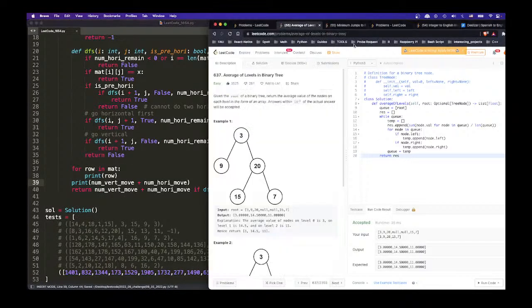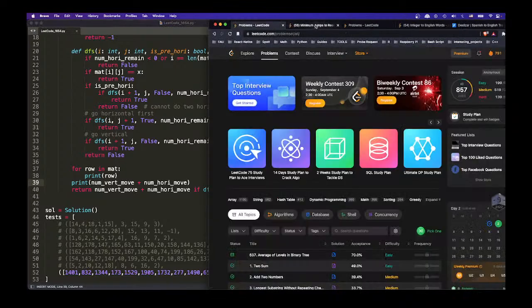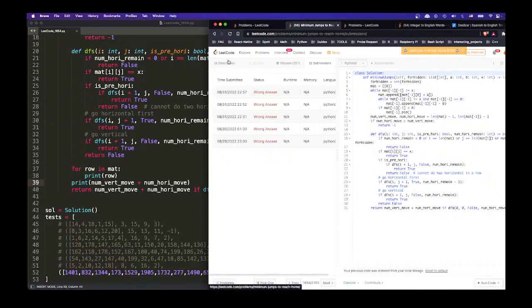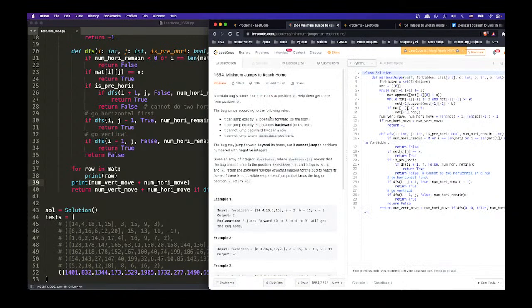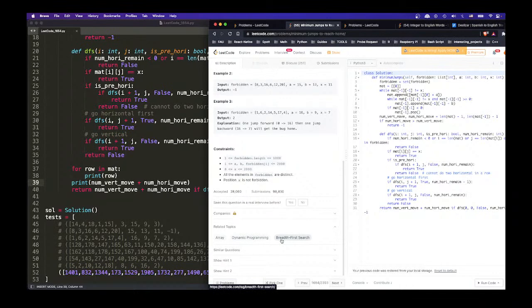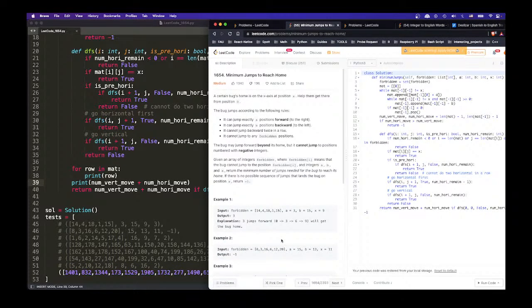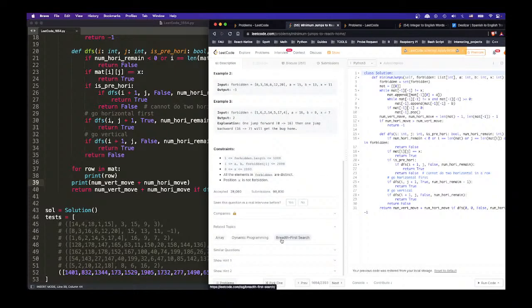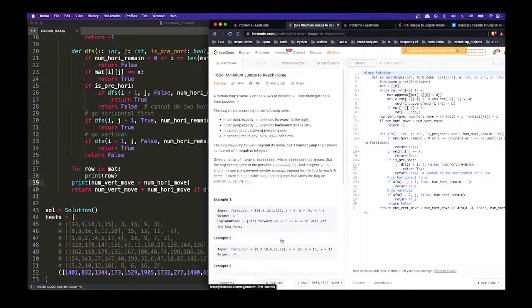Alright, so none of these methods work. So we have to go back to the hint. So what's the hint? Topic, DP, BFS. DP and BFS, that's interesting. Well, it just means I was completely in the wrong.